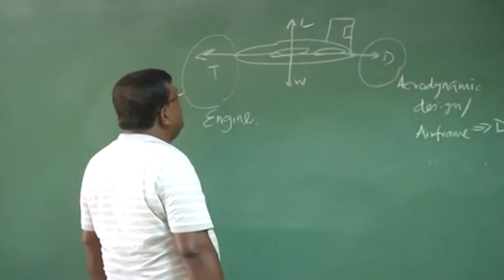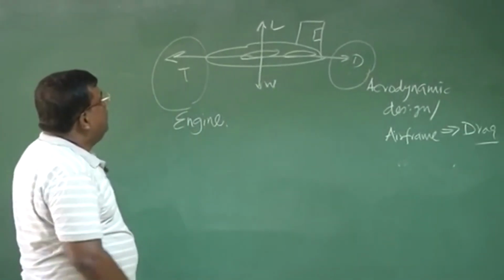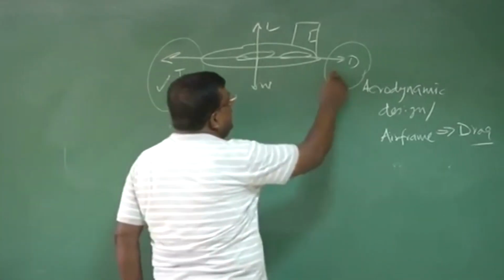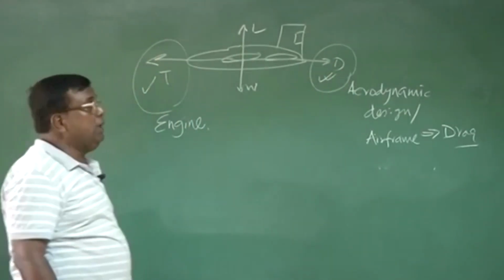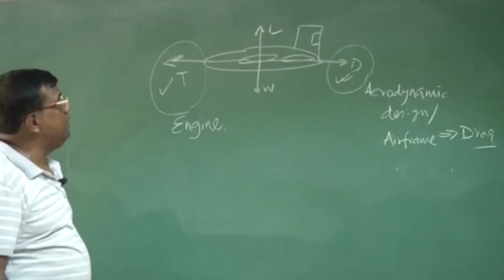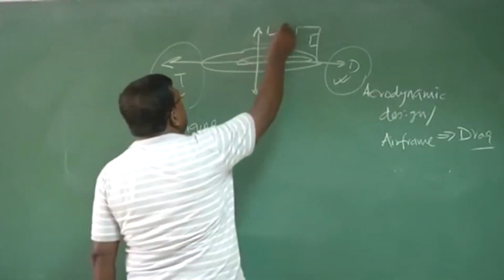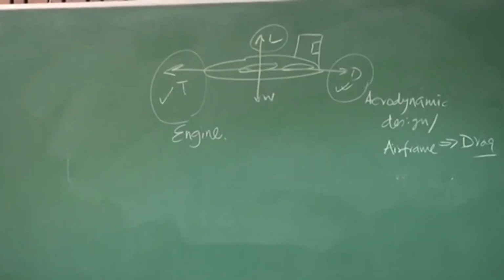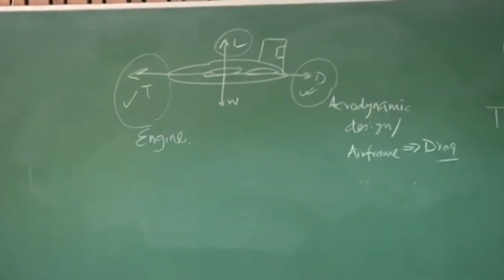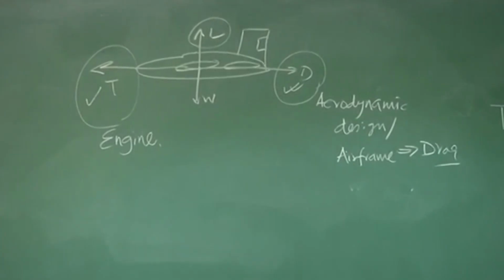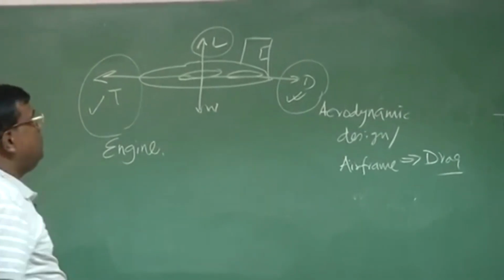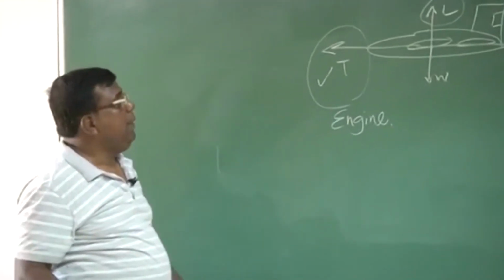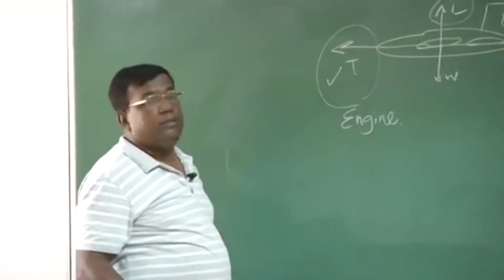Now, the question will come, okay, it is fine. For thrust, I need an engine. For drag, I need aerodynamic design so that the total resistance is less. Lift also will be decided by aerodynamic design. And more importantly, lift means wing, which is primarily responsible. So we'll design a wing area so that we get sufficient lift for a given velocity and given altitude. And weight, why is weight important?